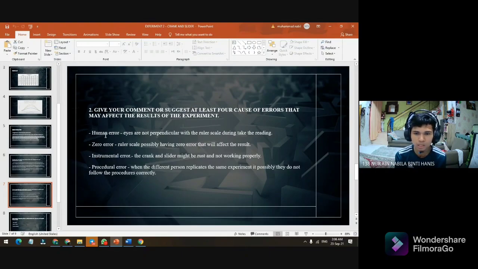The ruler scale possibly has zero error that will affect the result. And the next is instrumental error. The crank and slider might be rusty and not working properly. And lastly is procedural error. When a different person replicates the same experiment, it is possible they do not follow the procedure correctly.